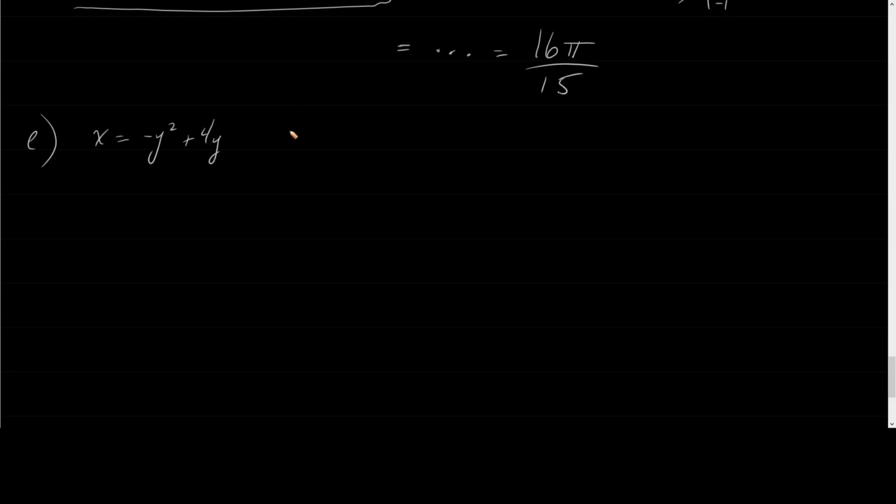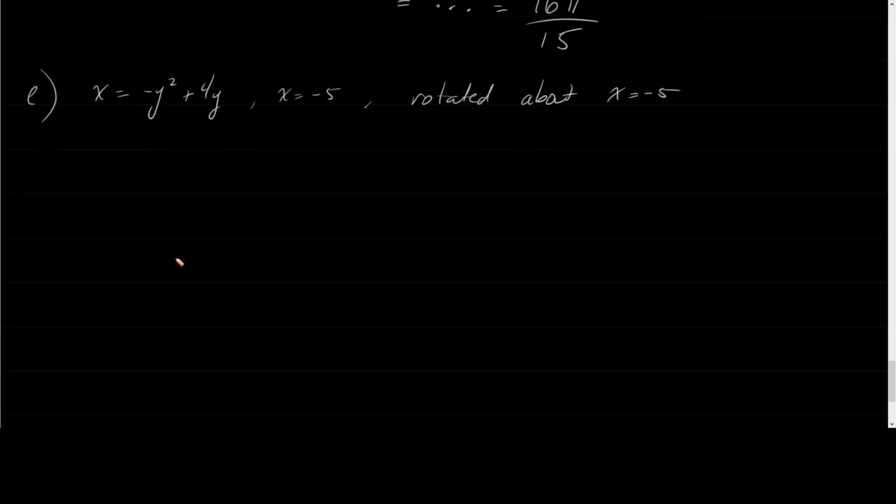So the other line we're going to say also x equals negative 5. So it's bounded by those two, rotated about x equals negative 5. All right. So let's see the visual for this.